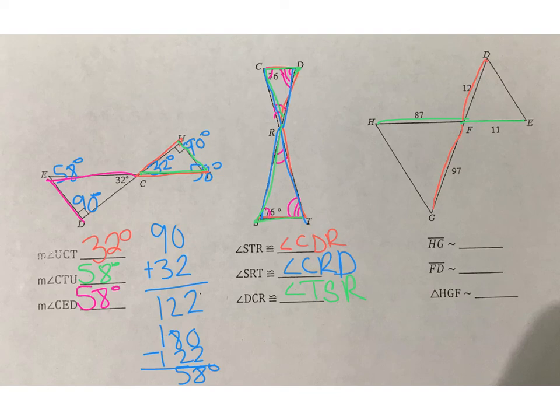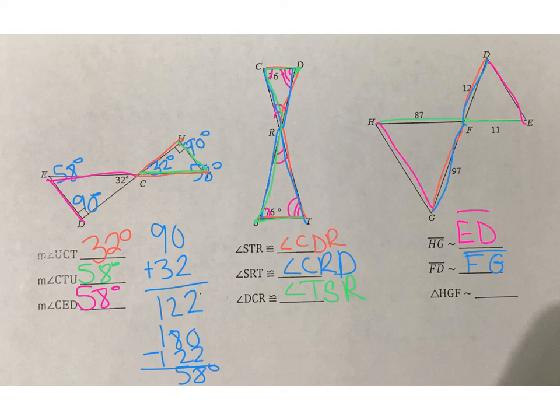So notice we're going this way, HG. So notice we were going from the smaller one to the bigger one. Then on this side, we've got to go from the smaller one to the bigger one. So then that's going to be ED, line segment, are similar. And then if we have FD, FD's going this way. So then it's the longer one. So we're also going to start with F and go to FG.